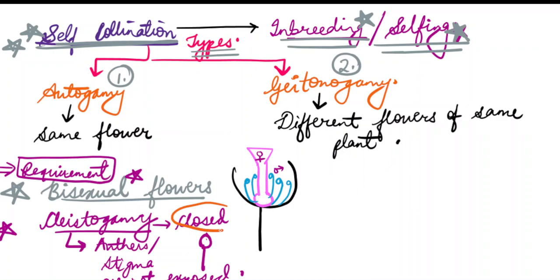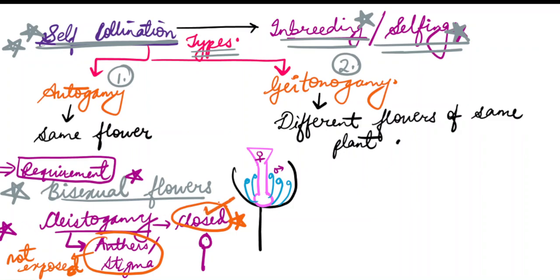Okay, they are not exposed, they are closed. Before opening, these flowers first undergo self pollination. These are the closed flowers.